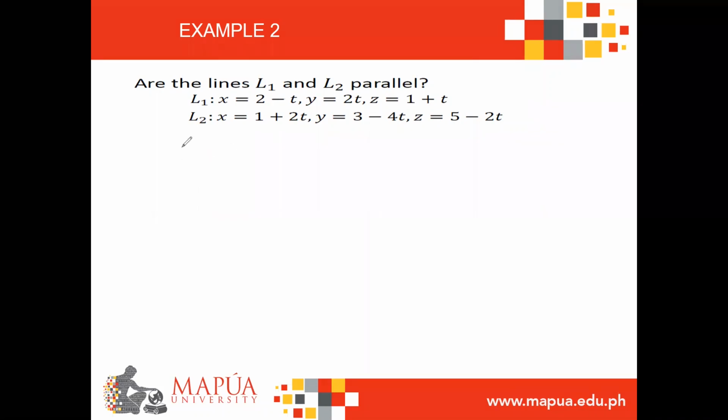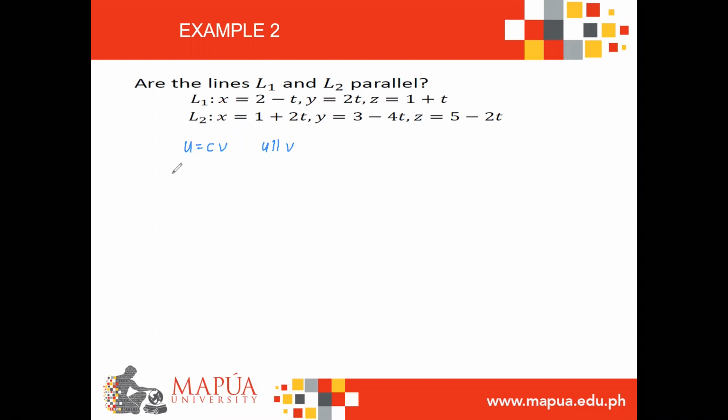So we have the concept last time that vector u equals c times v. So we can say that the vectors u and v are parallel.